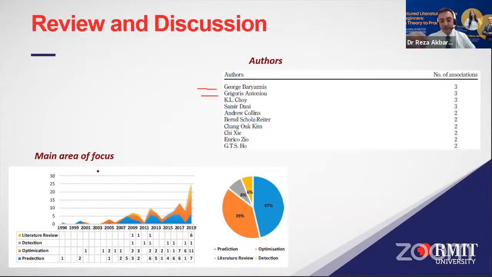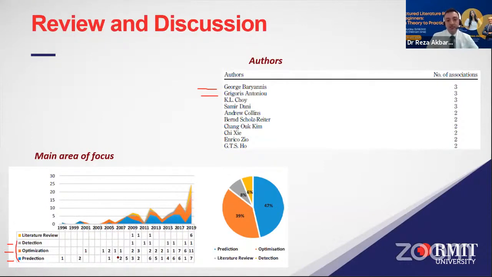So, for example, you come out with some of those areas that people are focusing on or publishing in, in that topic or discipline. For example, in machine learning, detection, optimization, and prediction are very important. So these are the main topics in machine learning.